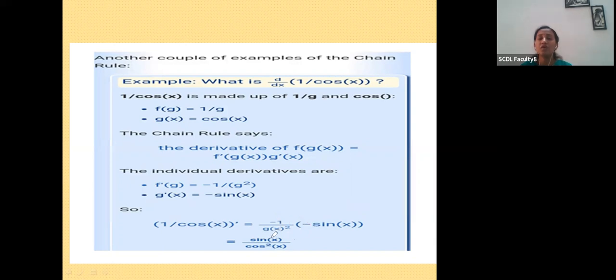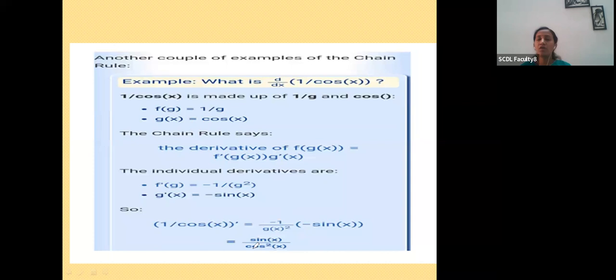Instead of g of x, we write here our main function, that is sine x. Instead of sine x, we have written here cos x. So sine x upon cos square x, because we consider g of x as cos x.